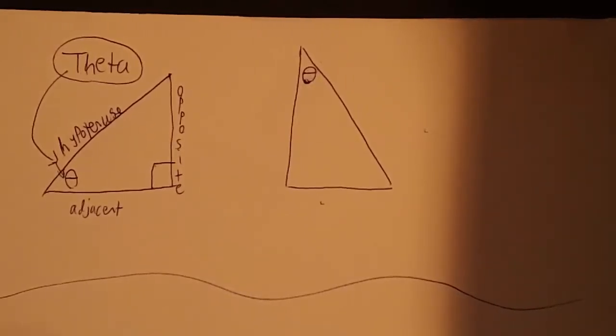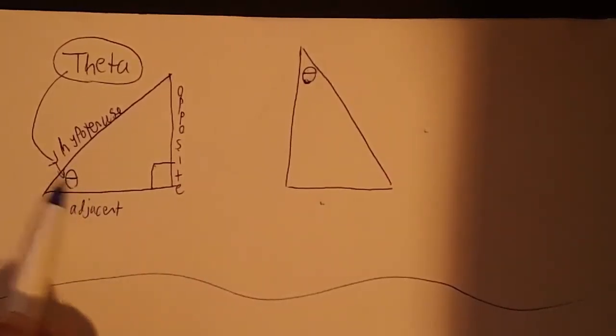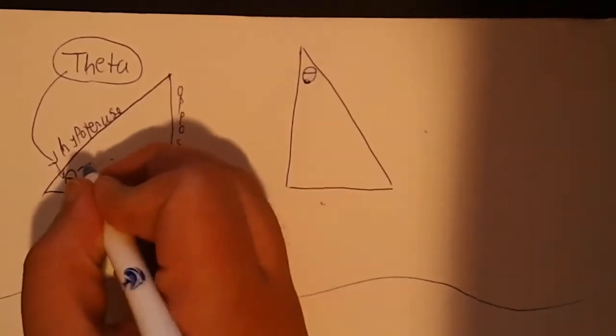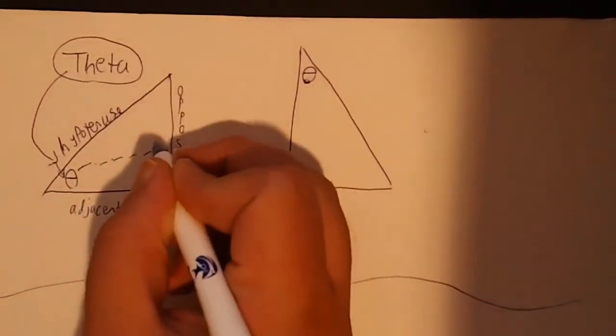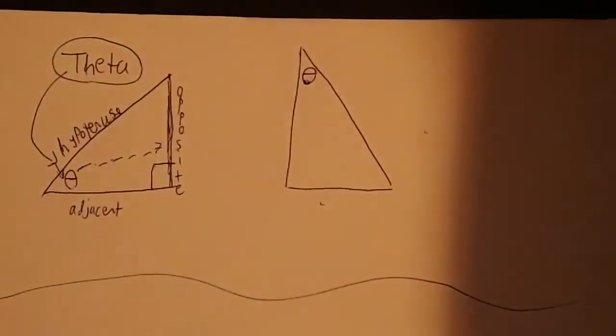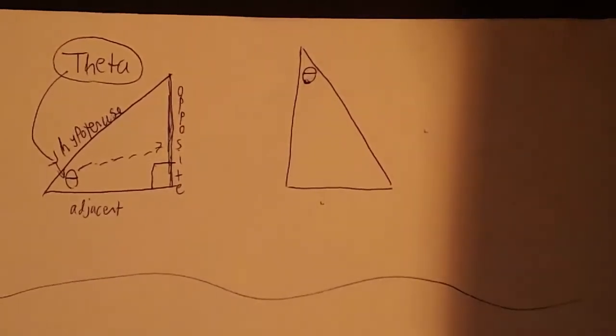But two new side names that you need to know about are on this page as well. If you start at the angle that we have labeled as theta, and you go across the triangle from that one to a side on the other side of the triangle, that side is called the opposite side, since it's opposite or across from the angle that's already there.